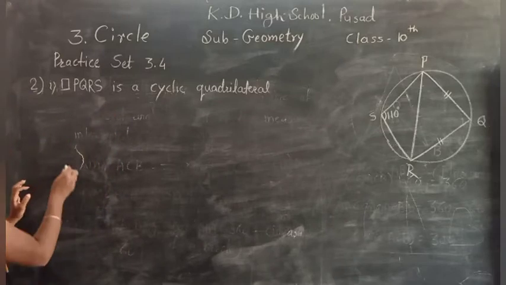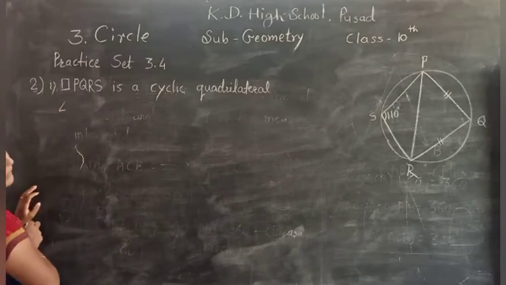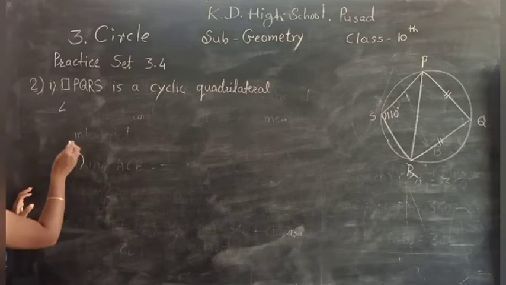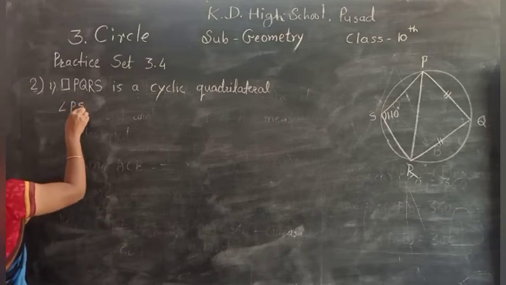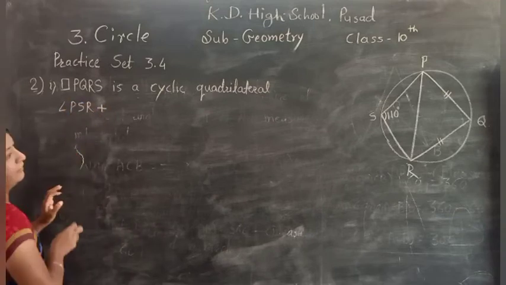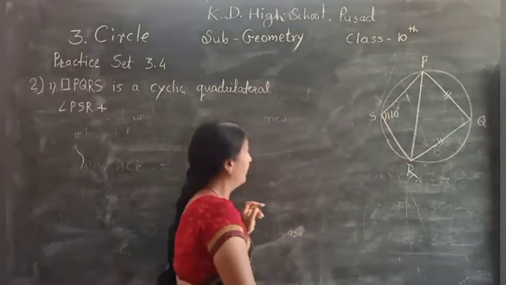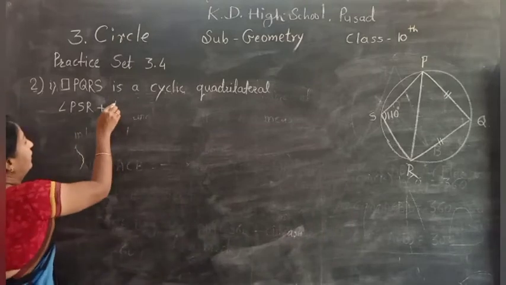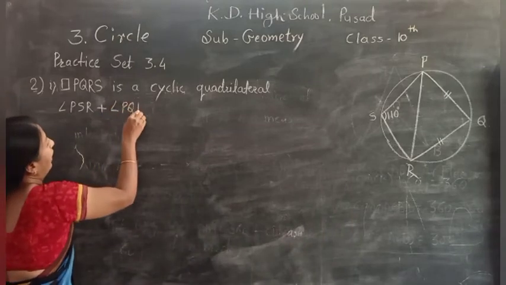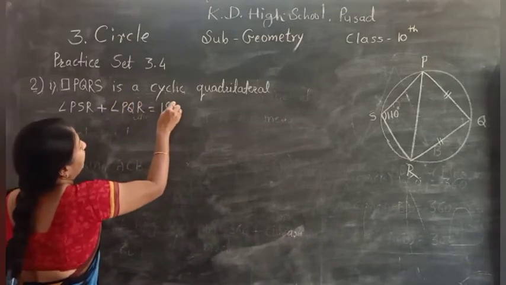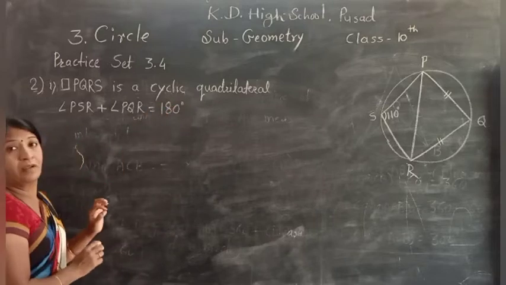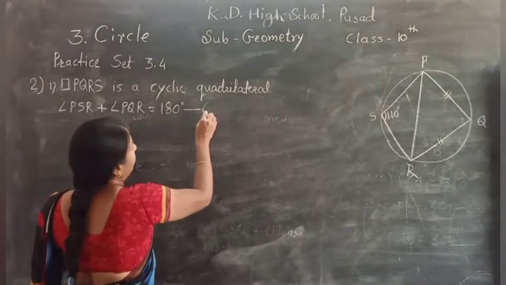Now angle PSR plus angle PQR is equal to 180. What is the reason?